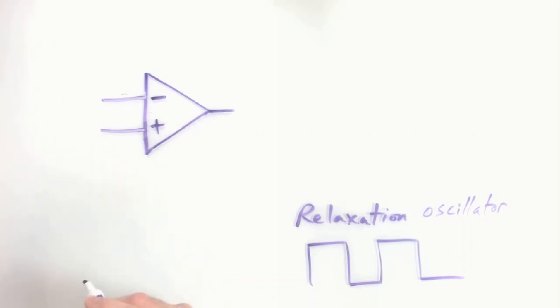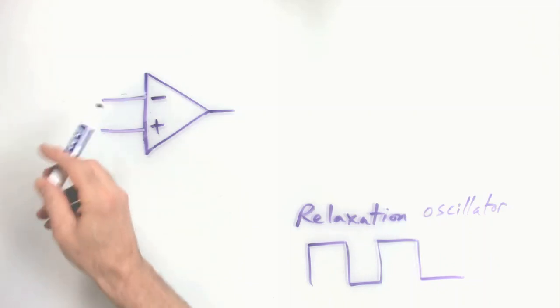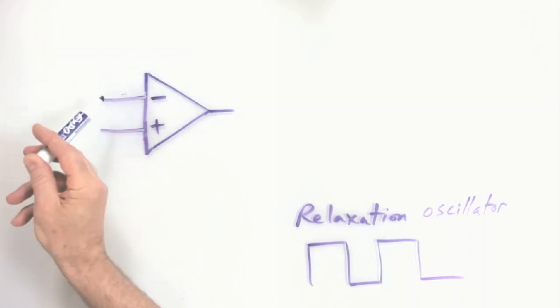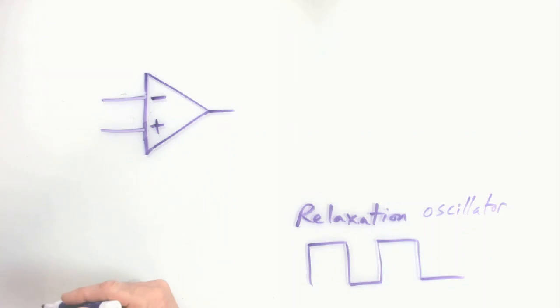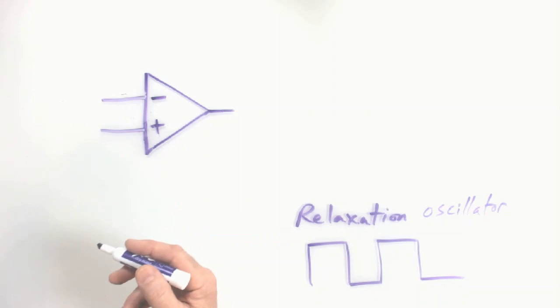So here we have a comparator, and then we said, well, you can add negative feedback and you'll have an amplifier. And then we said, if you have an amplifier and you add positive feedback, you get a relaxation oscillator.